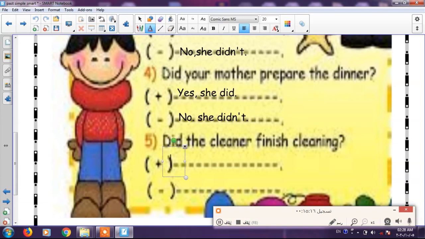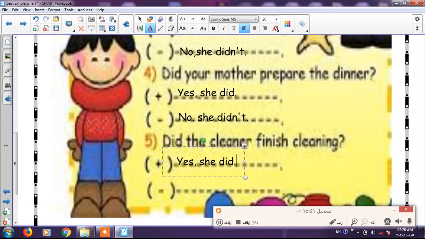The last one. Did the cleaner finish cleaning? Of course, here I can use he or she. The two are right. If it is in the positive form, also I will write yes. She did.